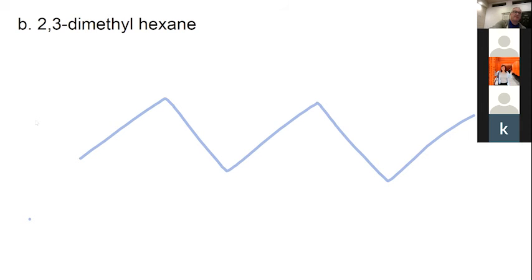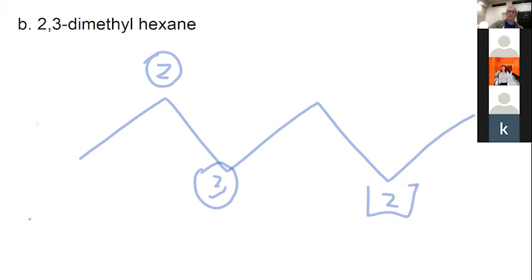So I can have 2 be here, or I can have 2 be there. Makes no difference. I can have 2 and 3 here, or I can have 2 and 3 there. You can draw them either way.